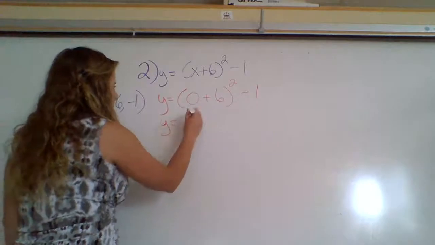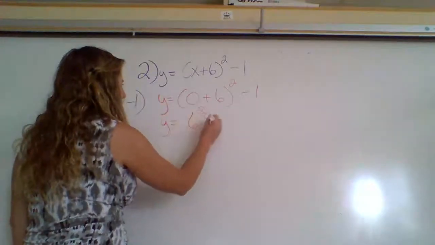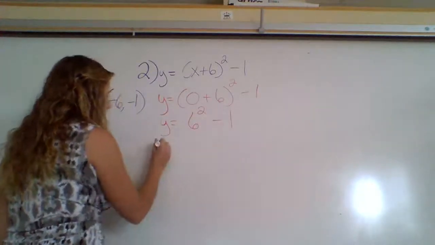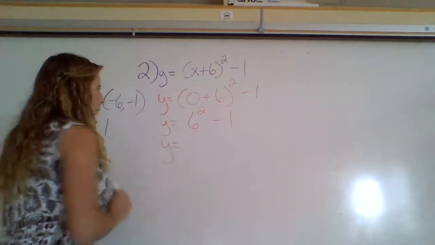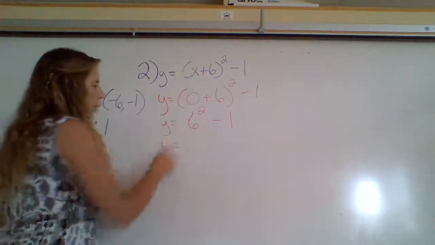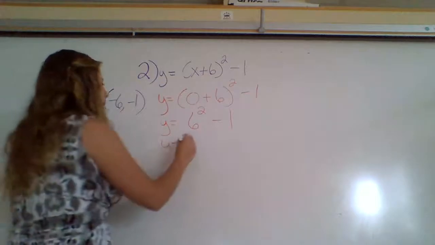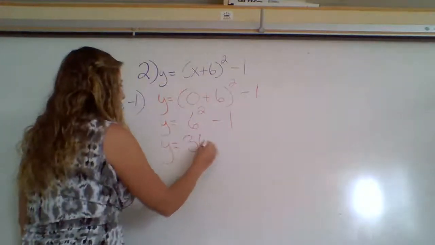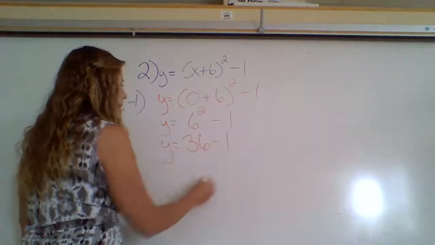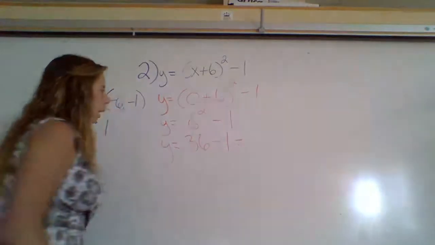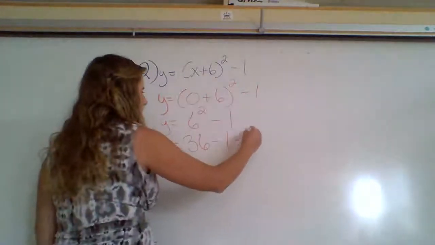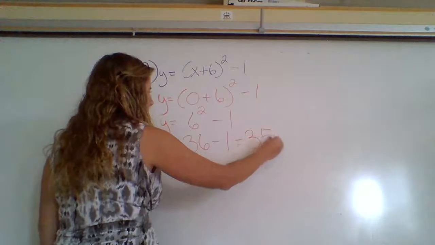0 plus 6 is 6. So that's 6 squared minus 1. 6 squared is 6 times 6, which is 36, minus 1 equals 35.